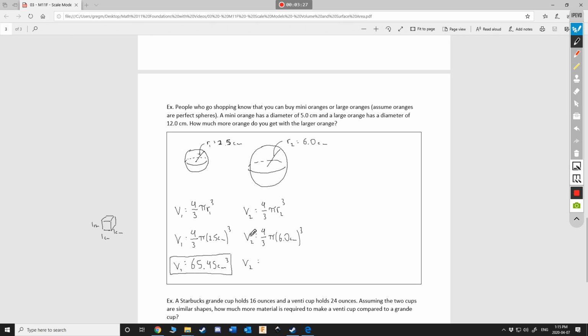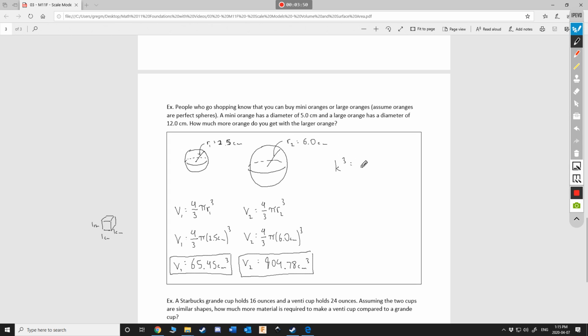For the other one, we have 6 to the power of 3, multiply that by pi, multiply it by 4, and then divide by 3. We get 904.78 centimeters cubed. So we now divide those two values. That's our k cubed factor.